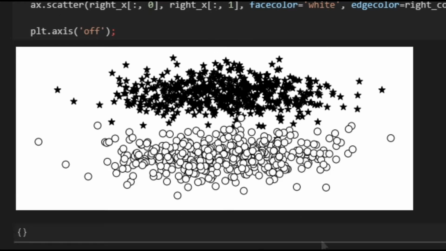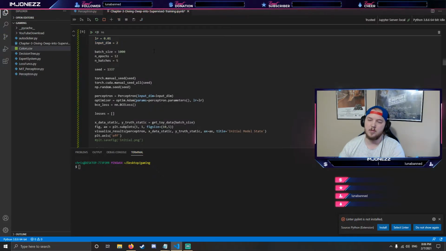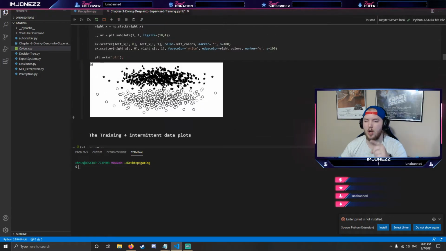Let's take a look right here. This is our data set. Let's pretend for this that stars are people who get into MIT, circles are people who don't get into MIT. Something you don't have to do in the game, but you do have to do in real life, is setting all of these variables. The learning rate, which controls how big of a step we take every single time as we try to draw a line between these two categories.